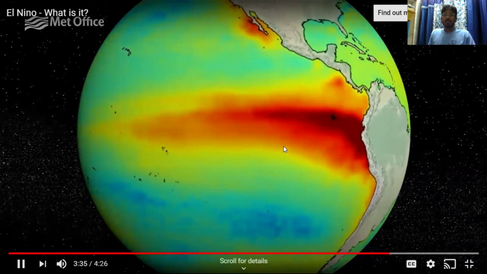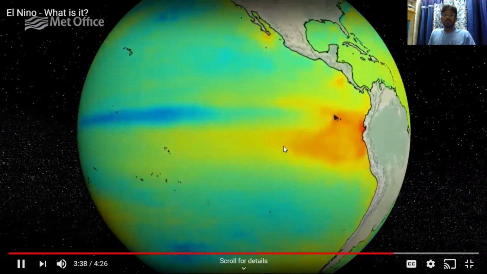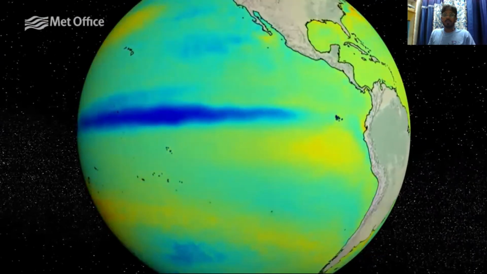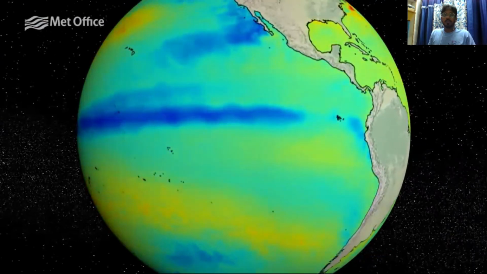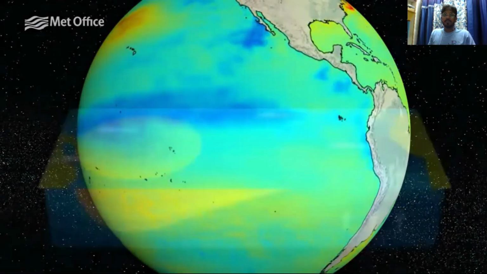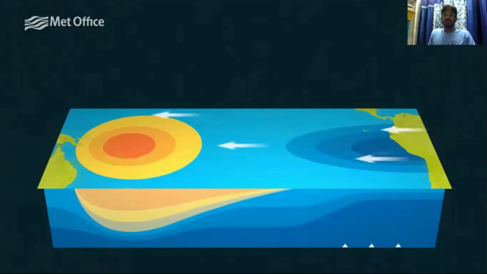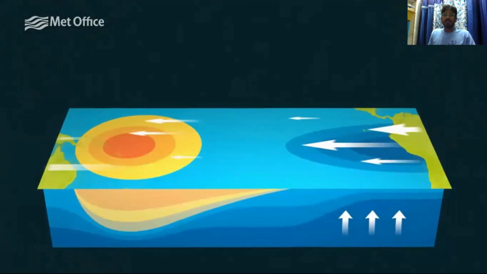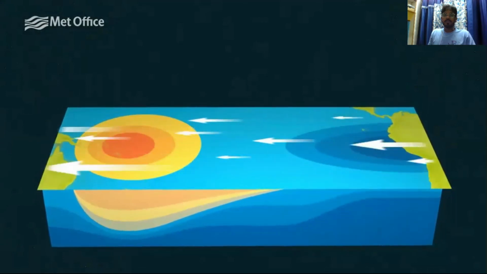El Niño peaks around Christmas time and lasts for several months. It can die back to neutral conditions, but sometimes reverses into La Niña. This is the flip side of the oscillation, which sees a strengthening of the normal trade winds.